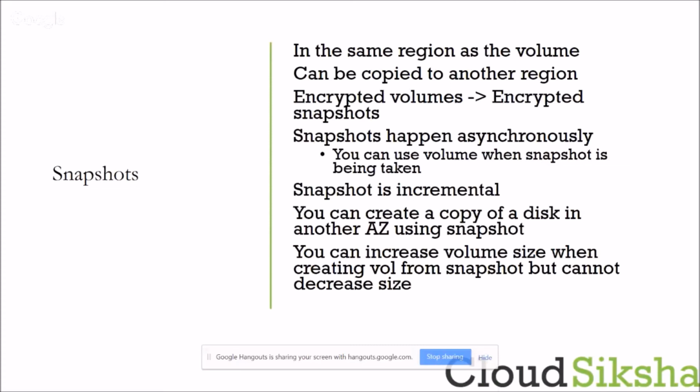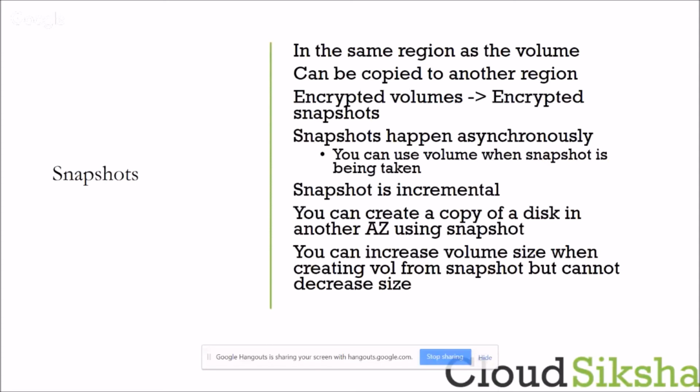So the same properties apply here. That is, the snapshot can be copied from one region to another region, right? And if you have encrypted volumes, you take a snapshot, you get an encrypted snapshot. So you cannot take a normal unencrypted volume and say the snapshot has to be encrypted. That won't happen. So these snapshots can be copied to another region as well.